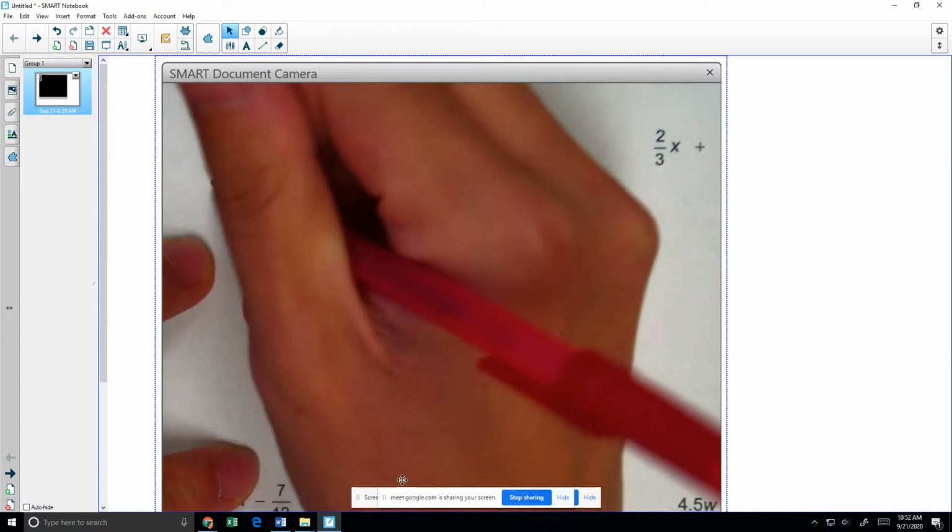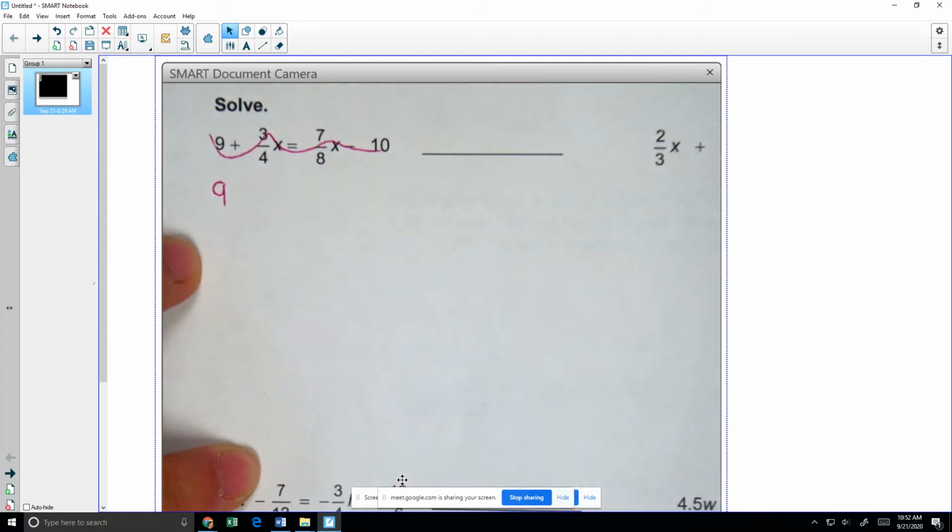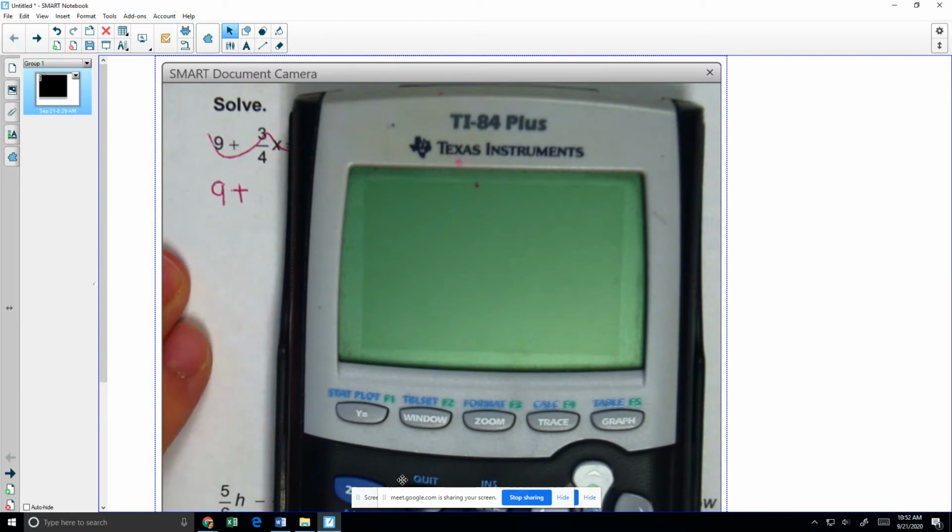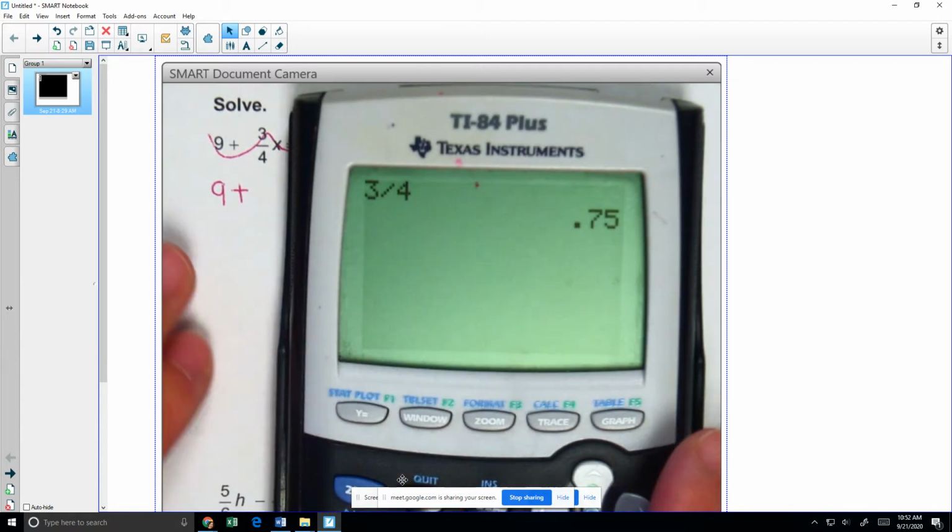So I have 9. That's still 9. Plus 3/4. Does anyone remember how I change a fraction to a decimal? Divide. Thank you, Savannah. So I'm dividing 3/4. In my calculator, I would literally just go 3 divided by 4 and then equals. So it's 0.75. Don't round it. Write all the numbers.